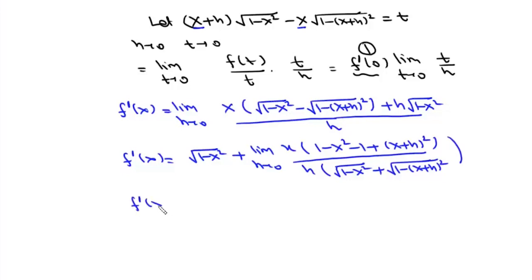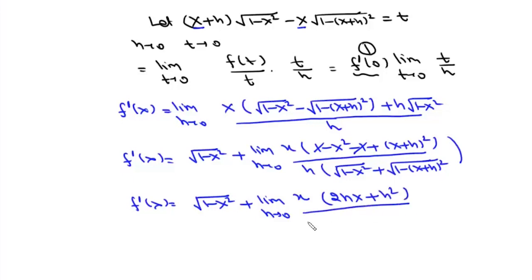Now this is f dash x, this is under root of 1 minus x square, and this is limit h tends to 0, and this is x. Now here 1 and 1 will cancel, x square will also cancel, so we'll get this as 2hx plus h square upon h into under root of 1 minus x square plus under root of 1 minus (x plus h) whole square.